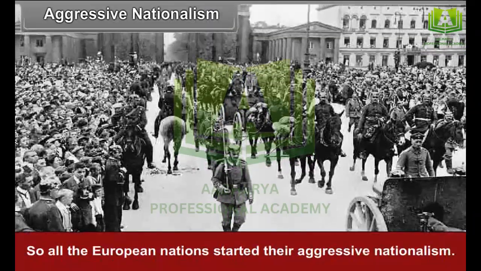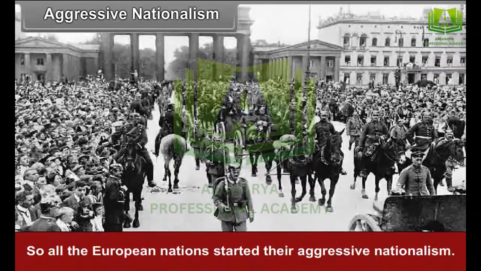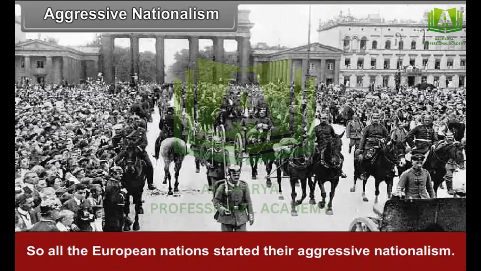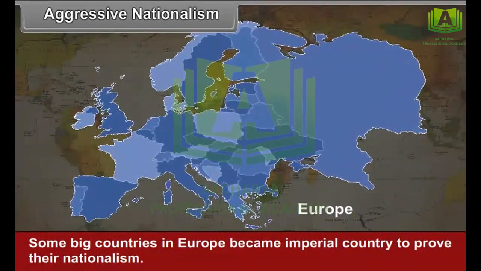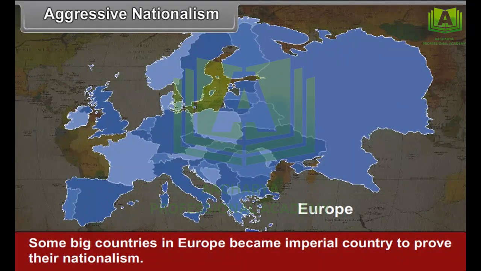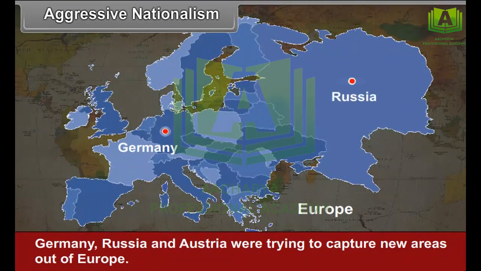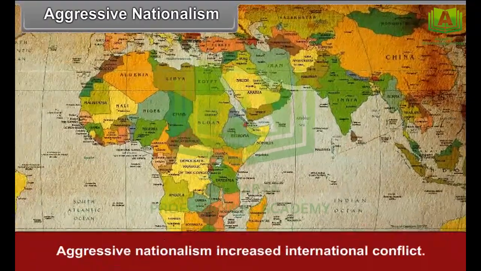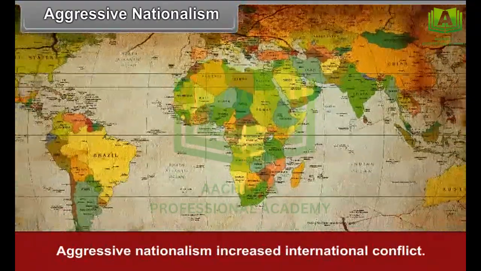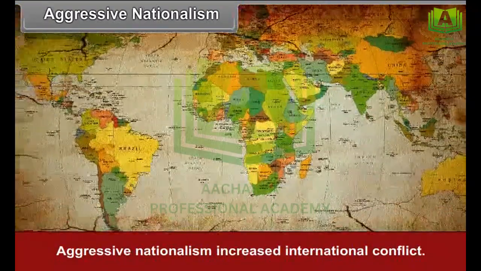So all the European nations started their aggressive nationalism. Some big countries in Europe became imperial countries to prove their nationalism. Germany, Russia and Austria were trying to capture new areas outside Europe. Aggressive nationalism increased international conflict.